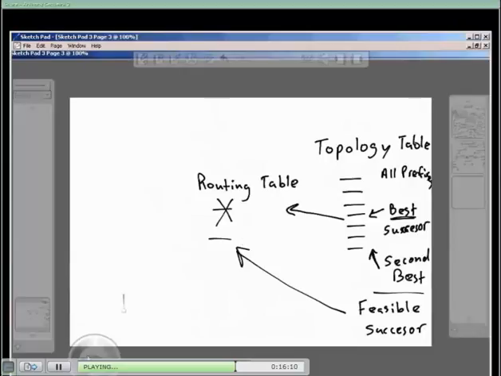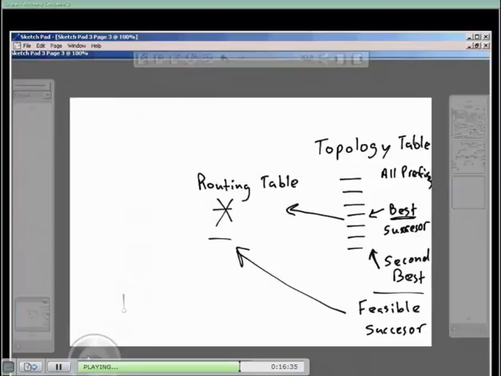EIGRP protocol. So there's a successor, the best route, that's moved from the topology table into the routing table. And then there is a second best, or even more than one second best routes that are identified. They're called feasible successors, and they'll be almost instantaneously installed in your routing table if there should be a loss of the successor route.